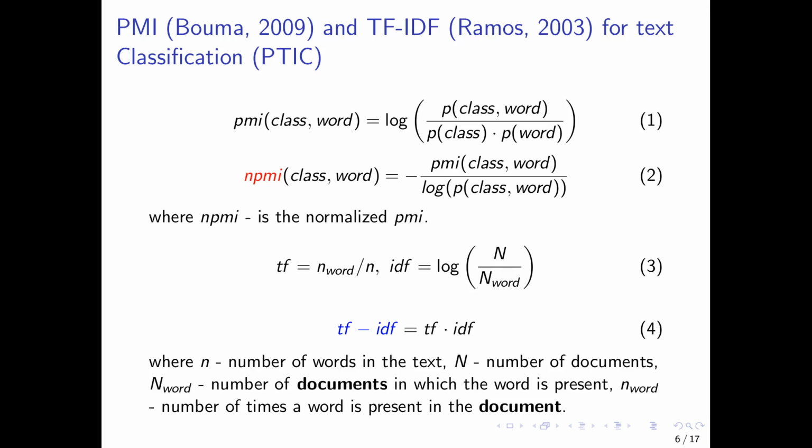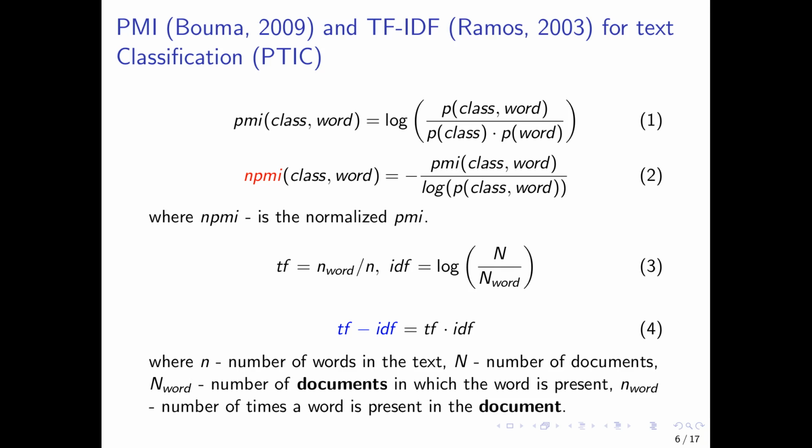Our statistical information theory-based method consists of calculating the PMI, pointwise mutual information, and TF-IDF, term frequency inverse document frequency. From equation 1, we can see that PMI is meant to account for words that are very frequent inside class examples.